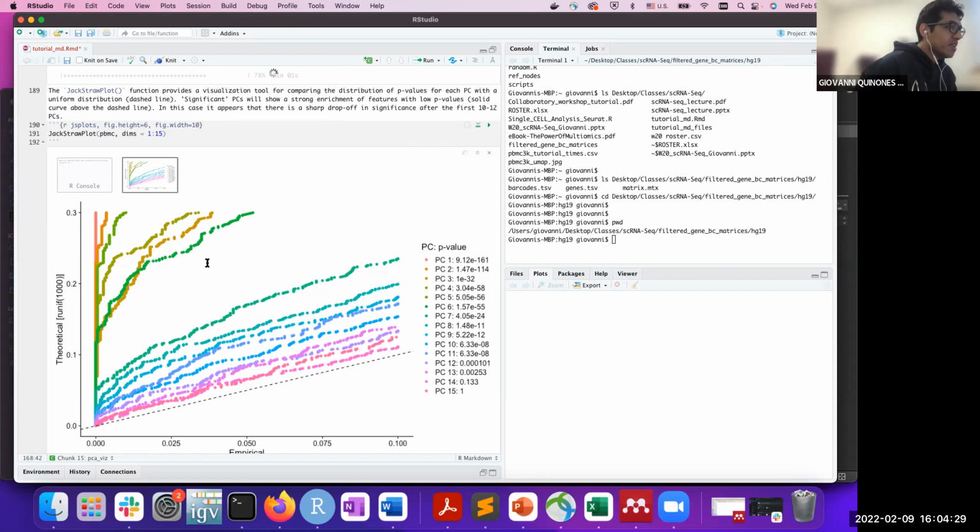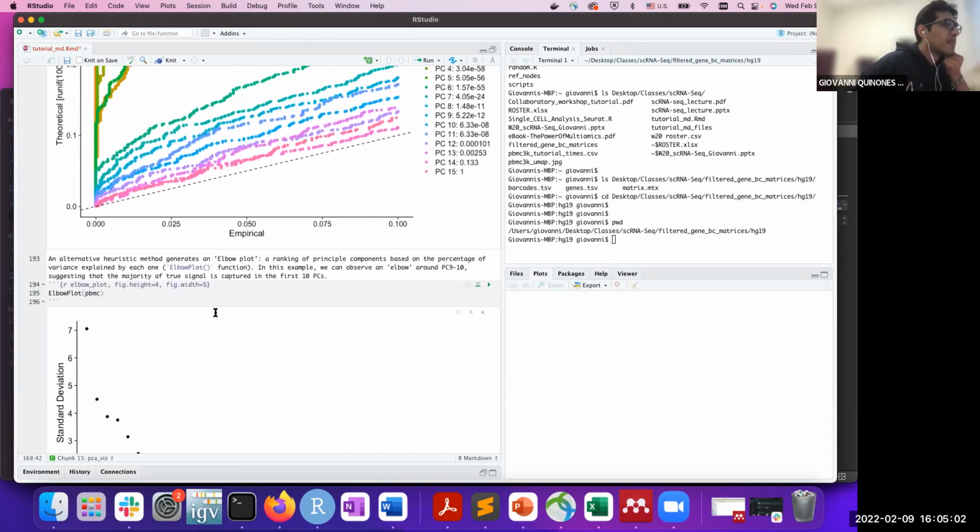So in statistics, this is called an elbow point, which the definition is just finding the cutoff at which the data looks sort of split, looks like it follows different patterns. So in this jackstraw plot, you can see that our elbow point is clearly in between PC6 and PC7. So based on this analysis, we'll conclude that we'll need 6 dimensions.